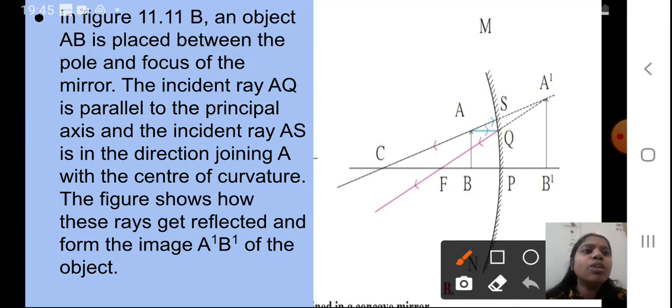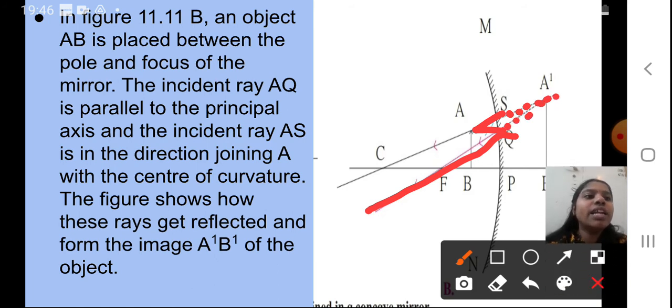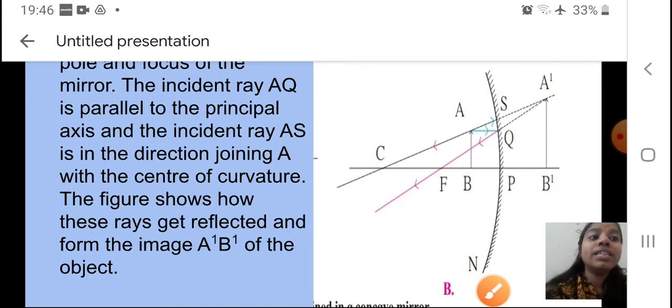You can see this AQ has come back and it is passing through the focus. And here you can see the AS is going inside the mirror. If the lines are extended, you can see where the image is formed.